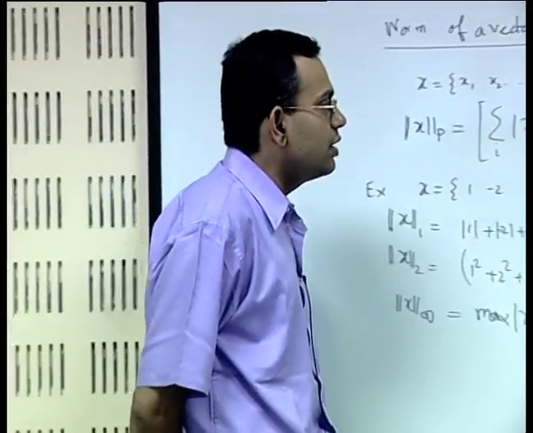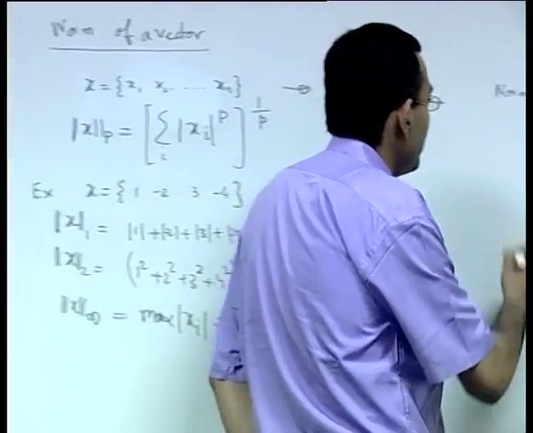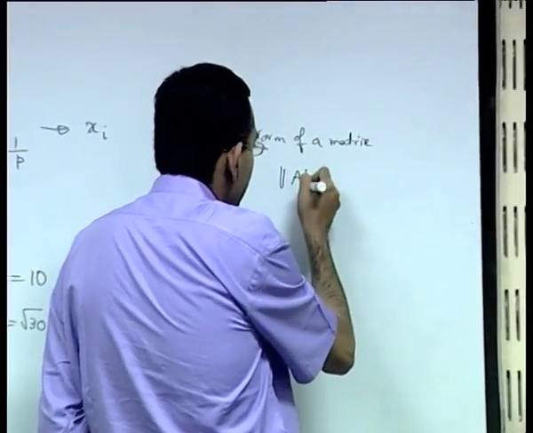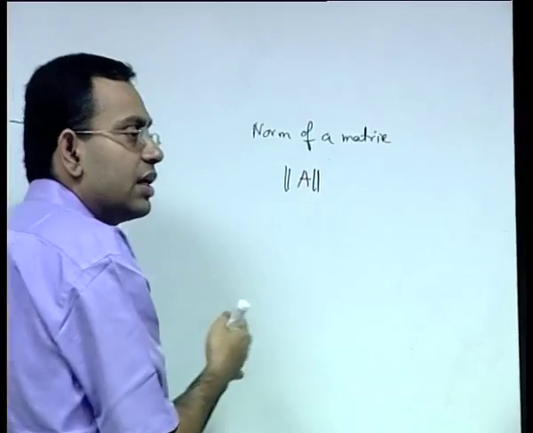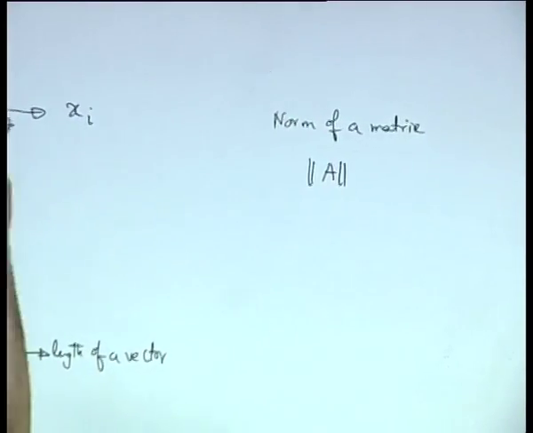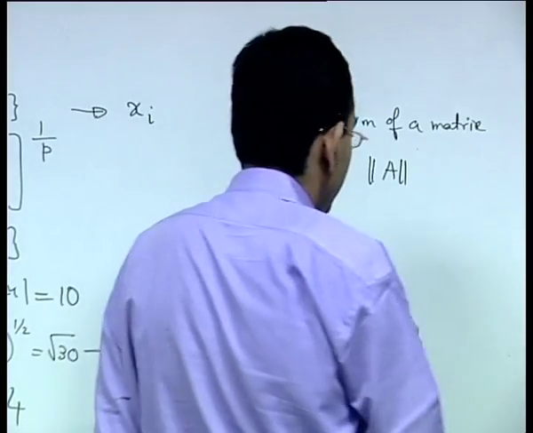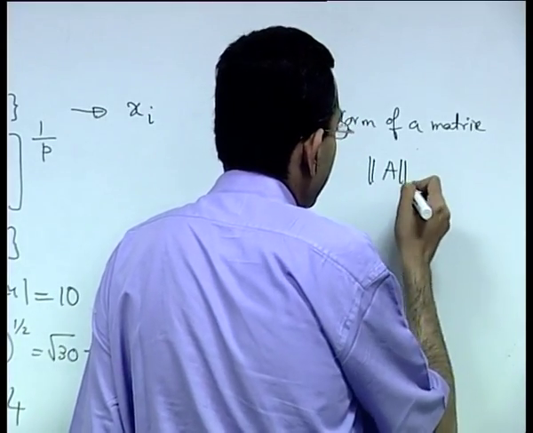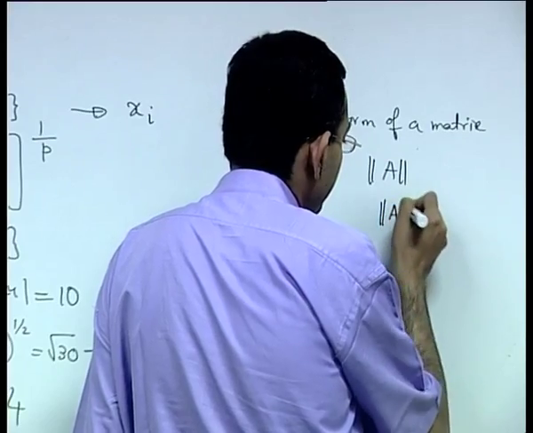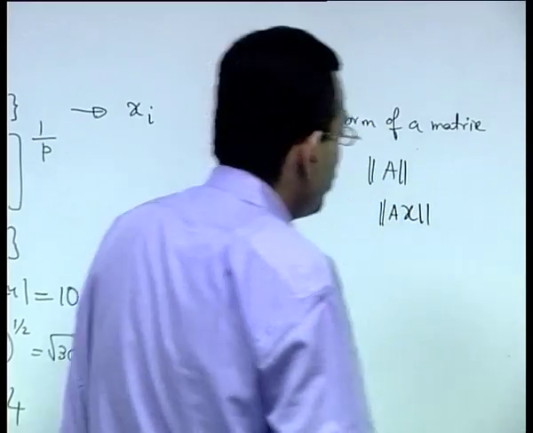So, usually when you are interested to find out the norm of a matrix, it is defined through the norm of a vector. So, how is it defined? You introduce a vector x such that you find out norm of Ax.